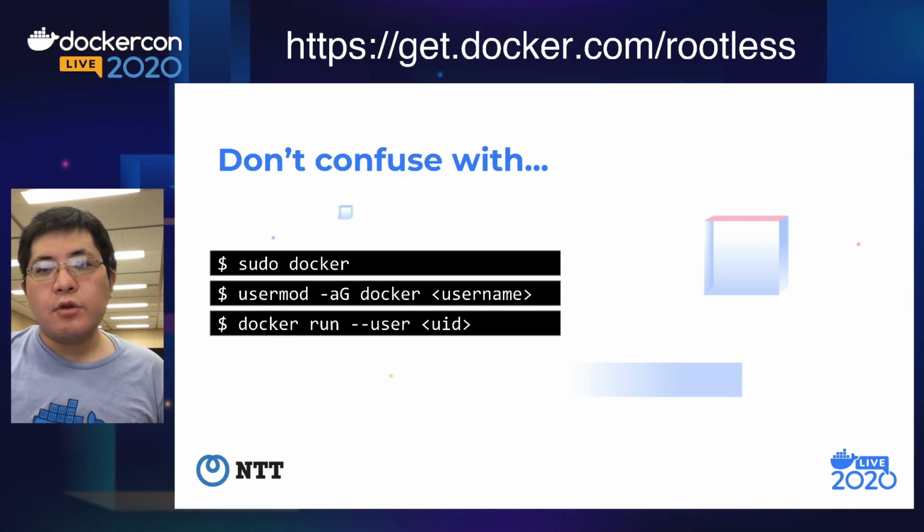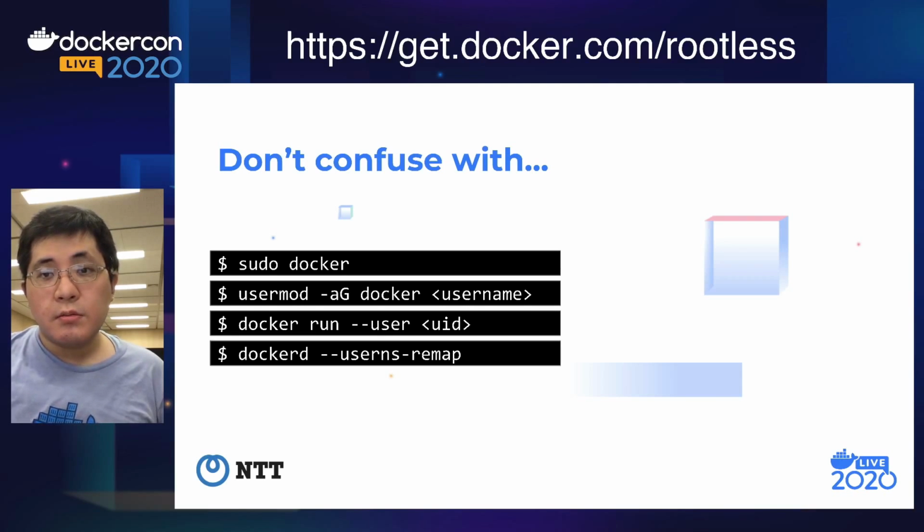And rootless mode is also different from docker run --user. It runs the container as an unprivileged user, but the daemon remains running as the root. And rootless mode is also different from dockerd --userns-remap mode. This mode is very similar to rootless mode, but the daemon is still running as the root.